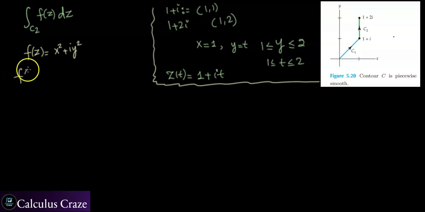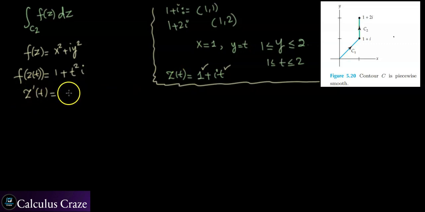So f of z of t is going to be equal to, x is 1 and y is t, so 1 squared is 1 plus t squared times iota, right? So this is f of z of t. And now if you take the derivative of z, 1 has the derivative 0 and t has the derivative 1, so it is basically iota.